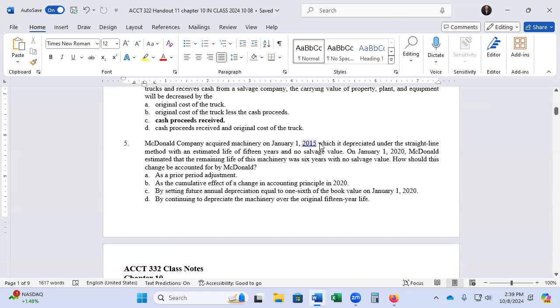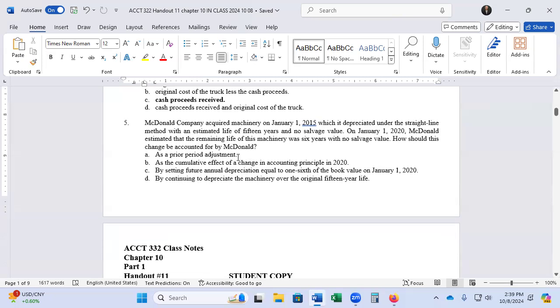McDonald Company acquired machinery on January 1, 2015, which it depreciated under the straight line method with an estimated life of 15 years and no salvage value. On January 1, 2020, so after 5 years have gone by, McDonald estimated that the remaining life of this machinery was 6 years with no salvage value. How should this change be accounted for by McDonald?